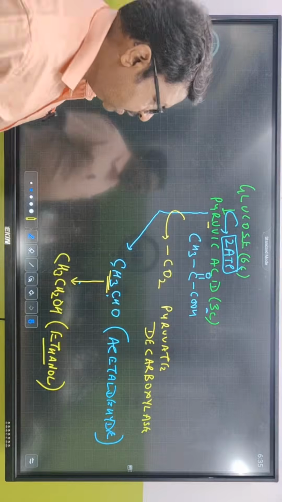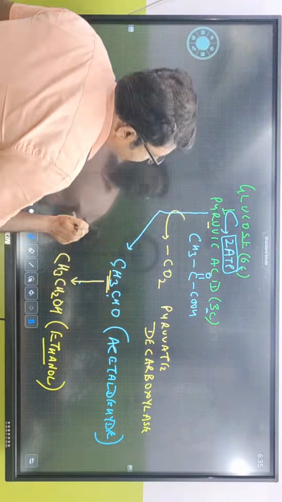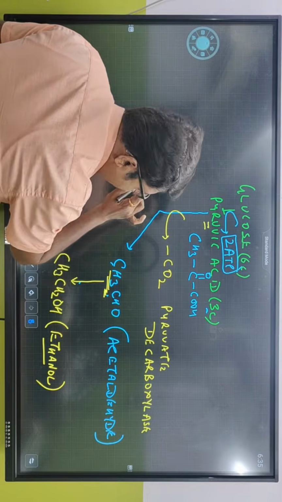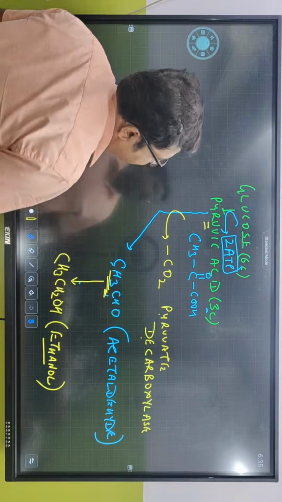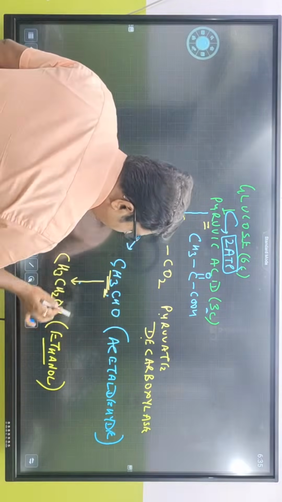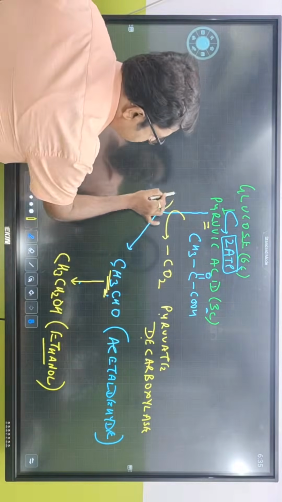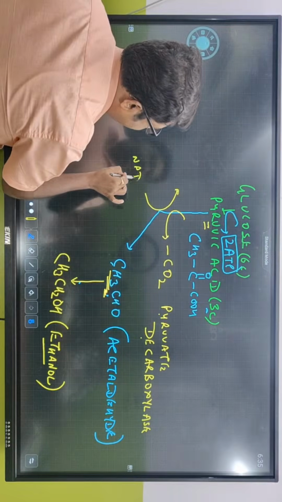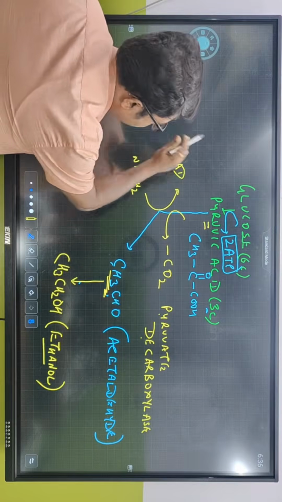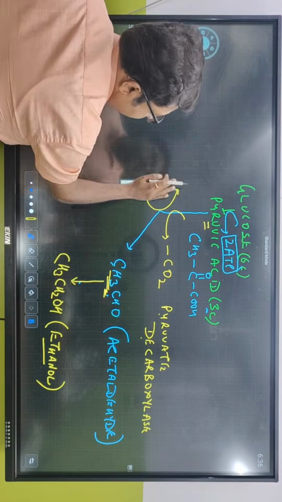What has been formed? Ethanol has been formed. And mind you, जब ये पायरुविक एसिड से ये एसिटाल्डिहाइड बना तो क्या होगा यहाँ पे? Pyruvate decarboxylase has been formed. And again, in this reaction, ultimately क्या बना? Ethanol बना. But during this step, what is going to take place? Sorry, not in this step.